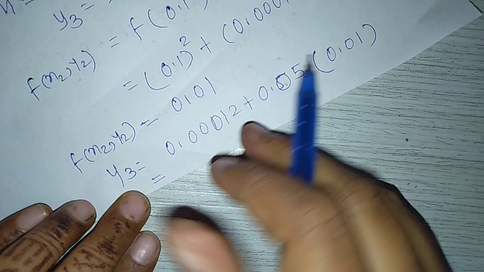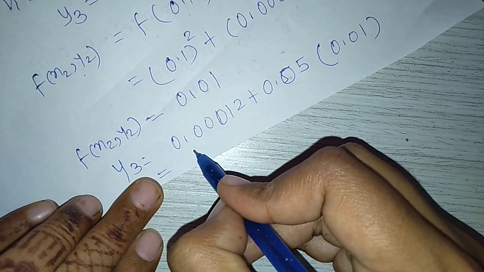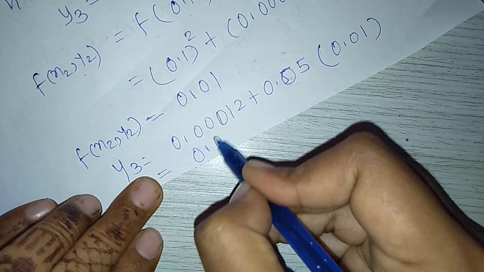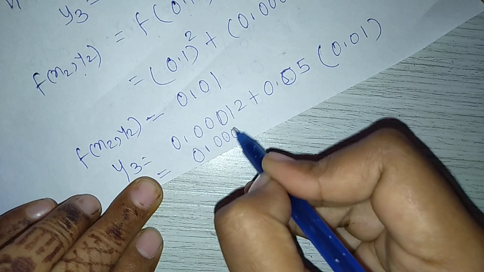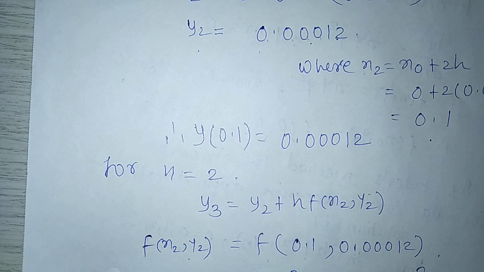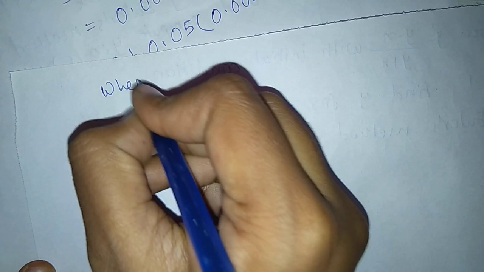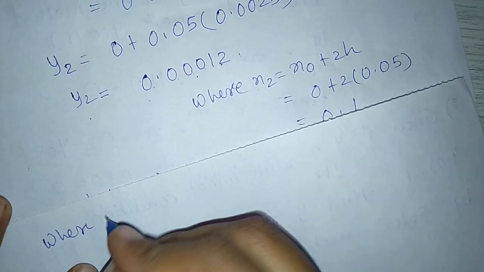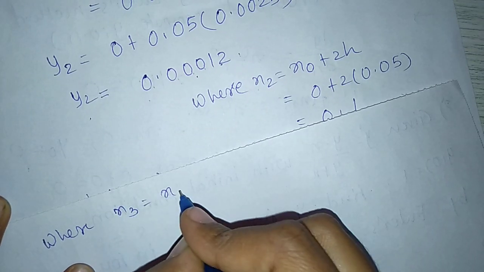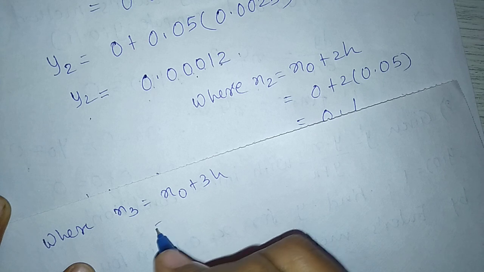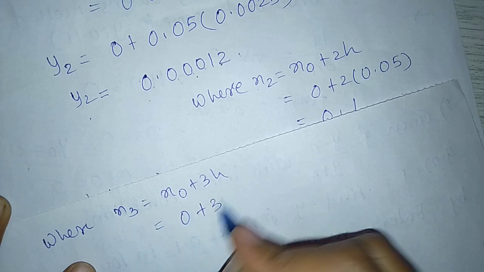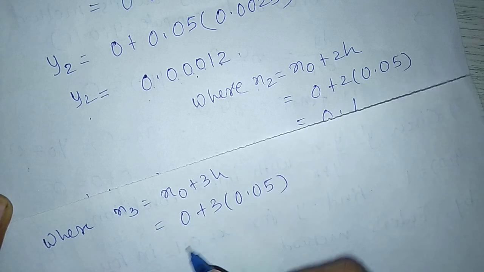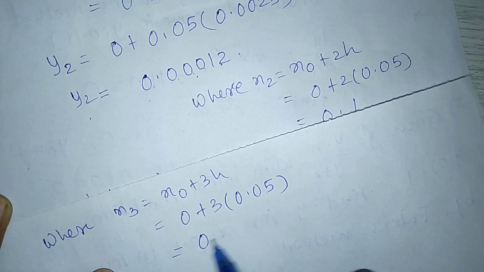After simplifying, we get y3 equal to 0.0006, where x3 is x naught plus 3h equal to 0 plus 3 into 0.05 equal to 0.15.